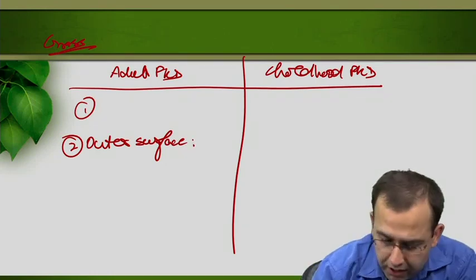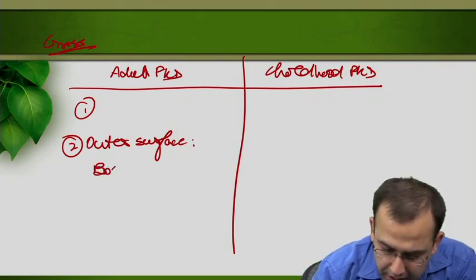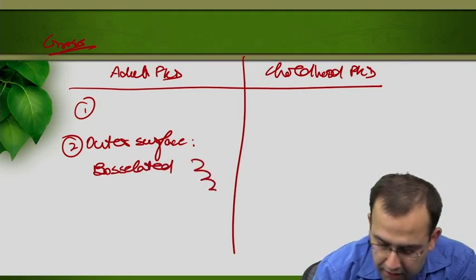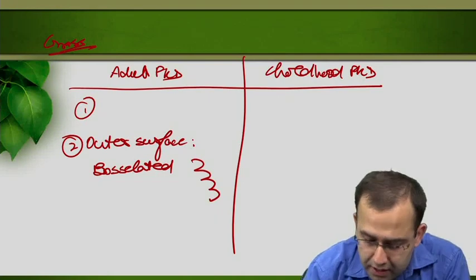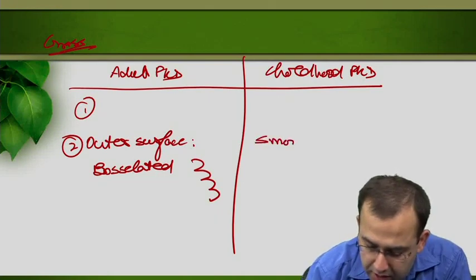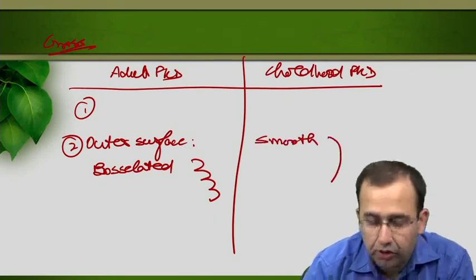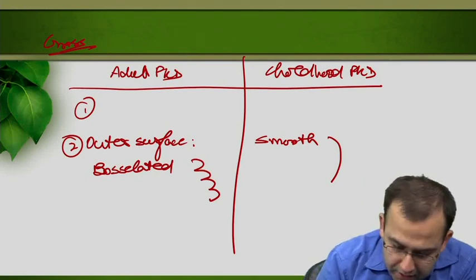Next, outer surface of the kidney. Extremely important to make a diagnosis. Adult PKD has a bosselated outer surface. These are the bosselations versus the smooth outer surface of childhood PKD. Next, cysts.